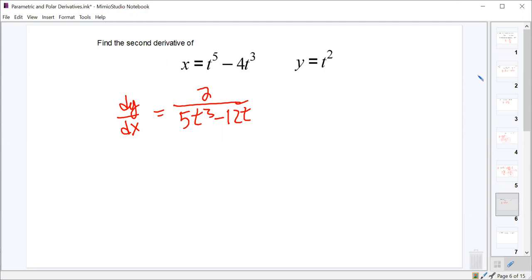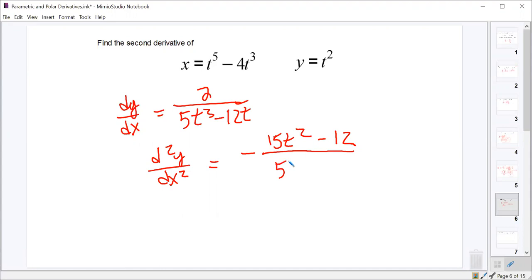Okay. So from there, we want to find the second derivative. We have to take the derivative of this with respect to t. And for this, we can use the reciprocal rule. So might as well. Same as the quotient rule, right? Reciprocal rule says that this is the opposite of the derivative of this, which is 15t squared minus 12 over 5t cubed minus 12t squared.